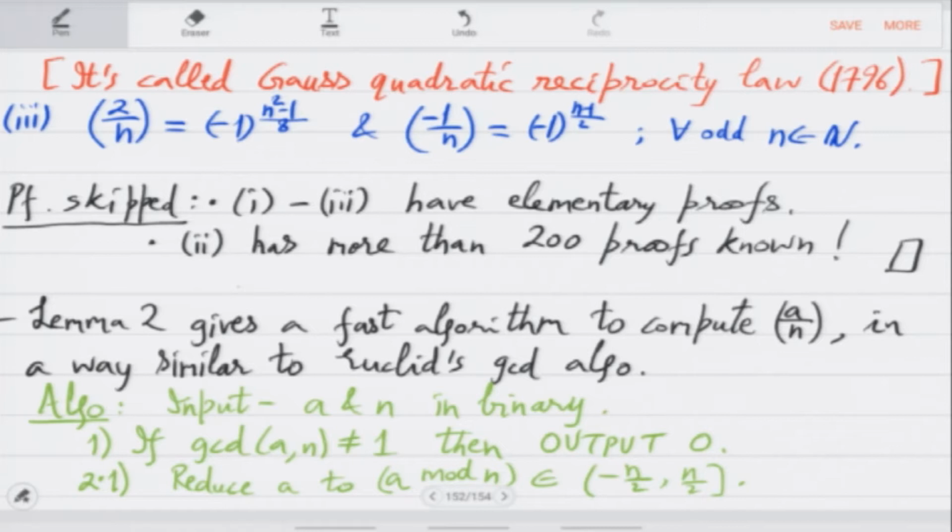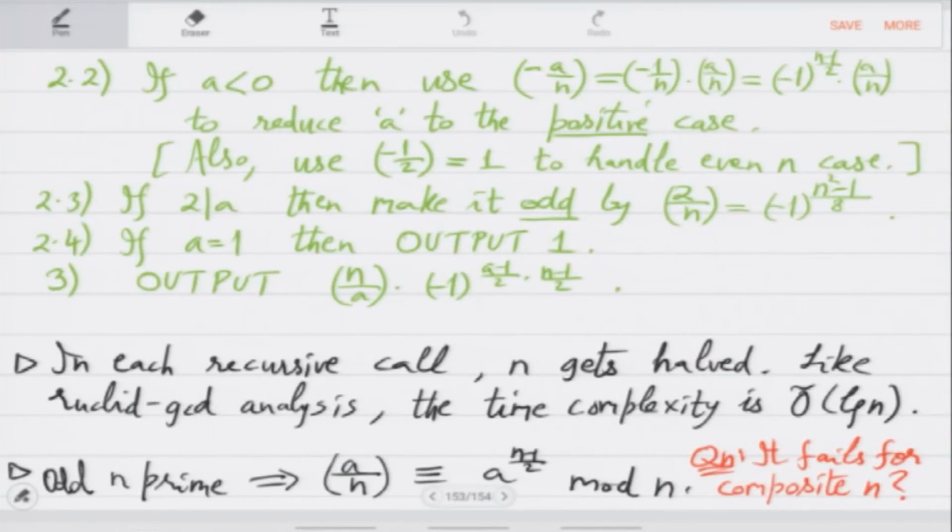First you check whether a and n are co-prime, otherwise obviously you factor n, it is composite. Now assuming that a and n are co-prime, reduce a modulo n, so bring the remainder to magnitude less than n by 2, and then you replace a by n by a.